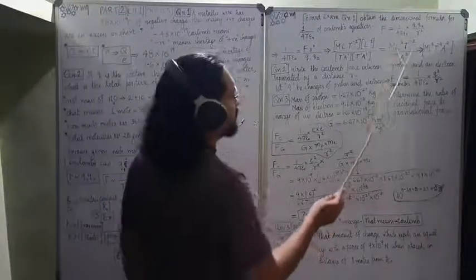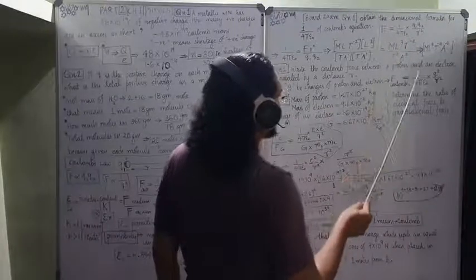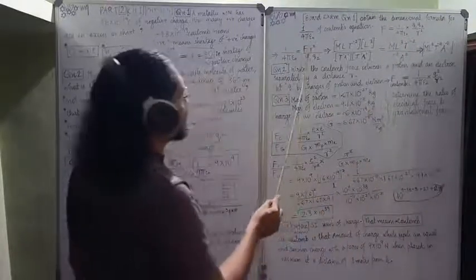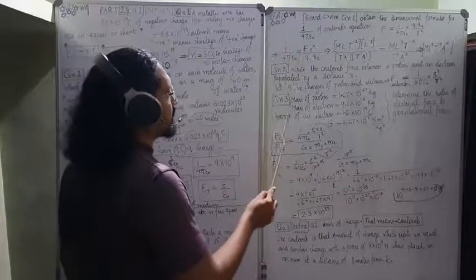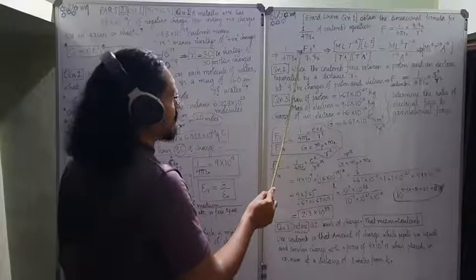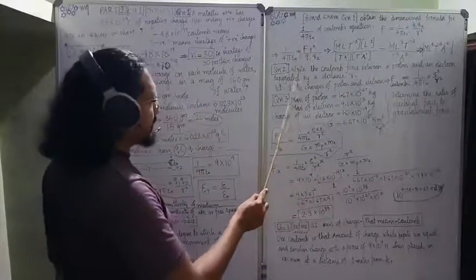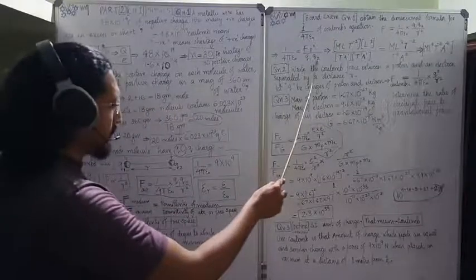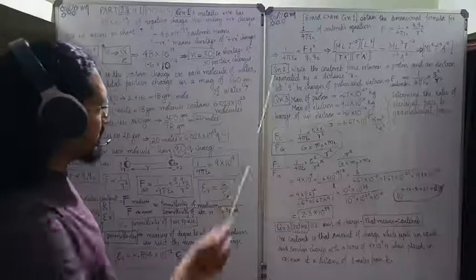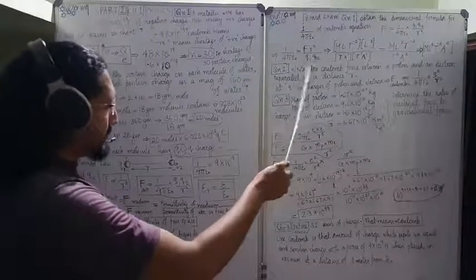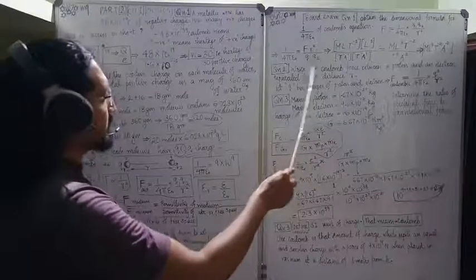I will simplify it for you. So Coulomb is that charge which repels an equal and similar charge with a force of 9 into 10 raised to 9 Newton when placed in a vacuum at a distance of 1 meter from each other.